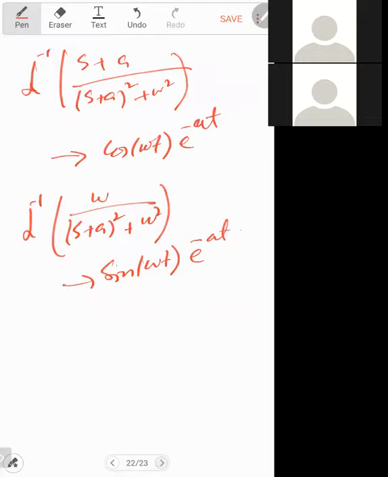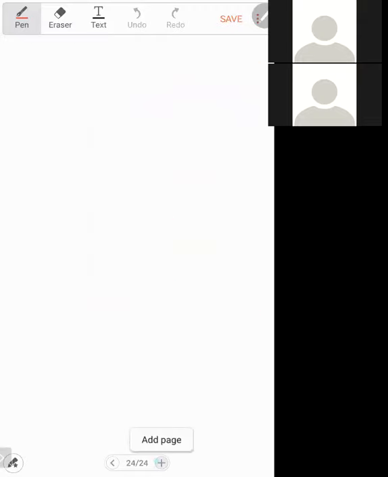We do some simple multiplication also in the numerator and denominator, because we have to make it suitable for the inverse Laplace transform. So finally, what will you get?